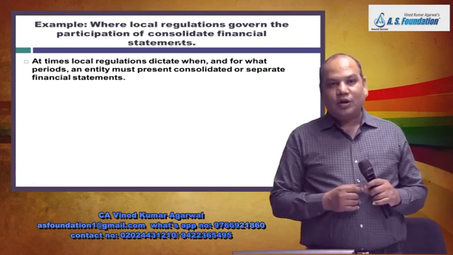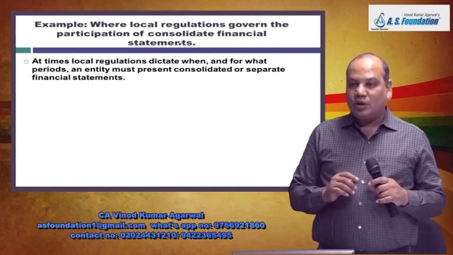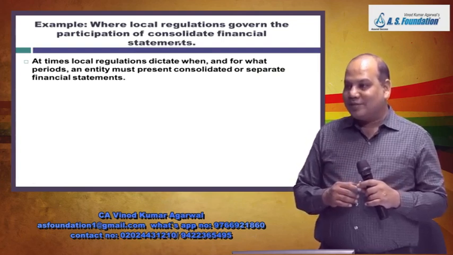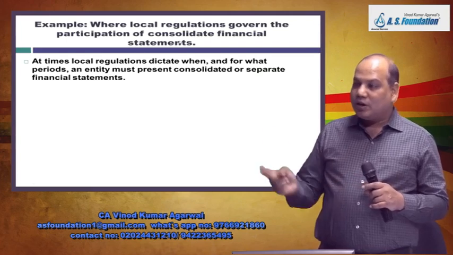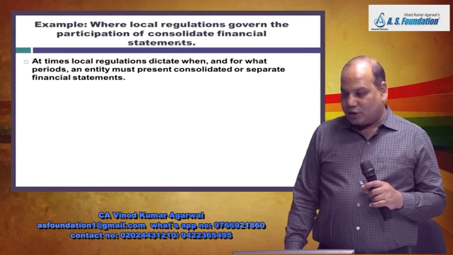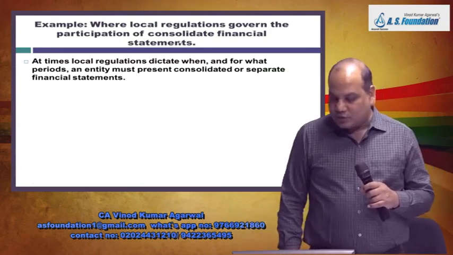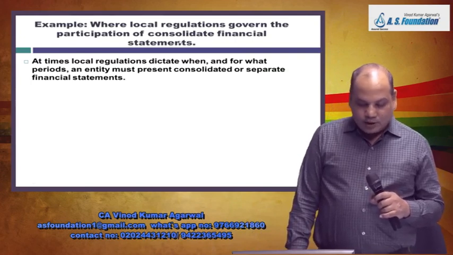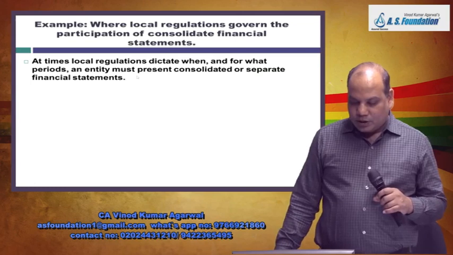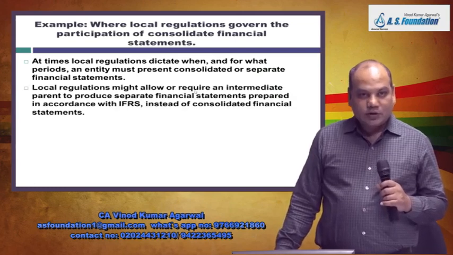There can be contradiction between IFRS and local regulation. Like for example, in India, the Companies Act. If the Companies Act requires you to prepare CFS and they don't give you exemptions, then you will have to prepare the CFS. So at times local regulations dictate when and for what period an entity must prepare consolidated or separate financial statements.